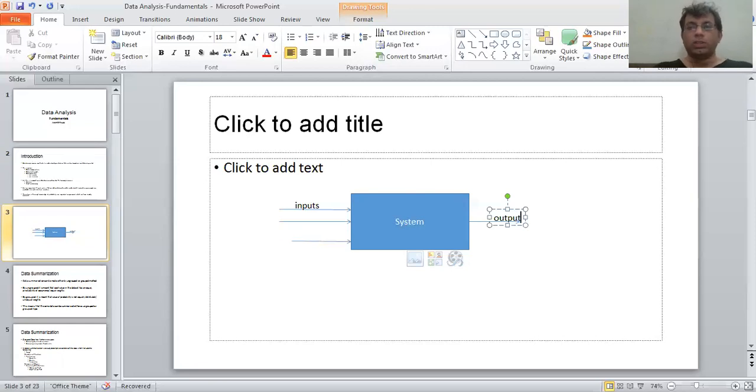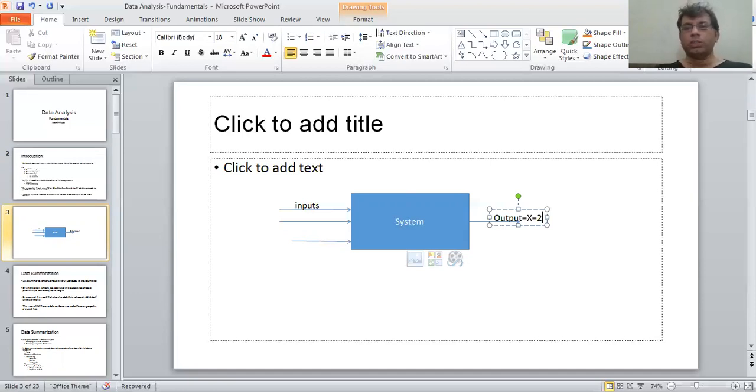Because if anybody asks me what the output is, then I would be sure to answer the question with full confidence that the output is this. For example, if I indicate the output with some variable x, and suppose that numerically the output is 2, then whenever I apply the input, I get the same output.